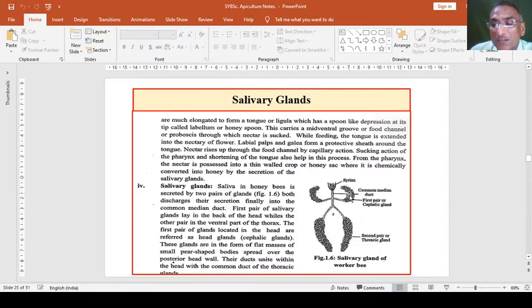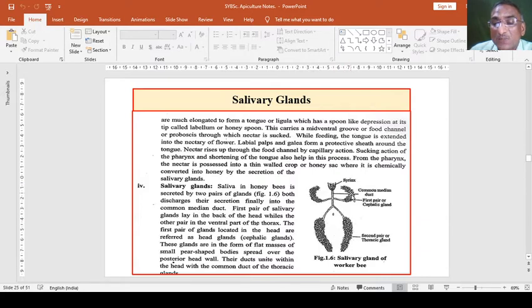The first pair is the cephalic glands, as this part is in the cephalus. Then the second is at the posterior side, and from the cephalic region it is quite diverted to the posterior region where the thorax is, and therefore these glands are located in the thorax region, so called thoracic glands or the second pair of glands. This is the first pair of glands, this is the second pair of glands.